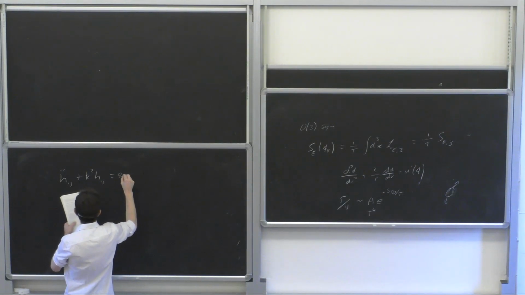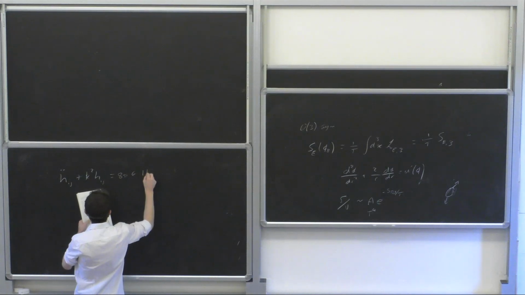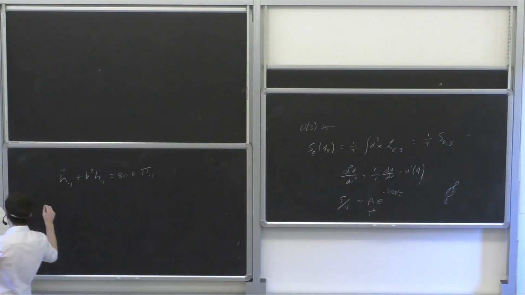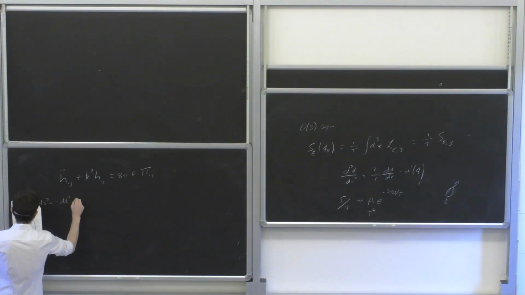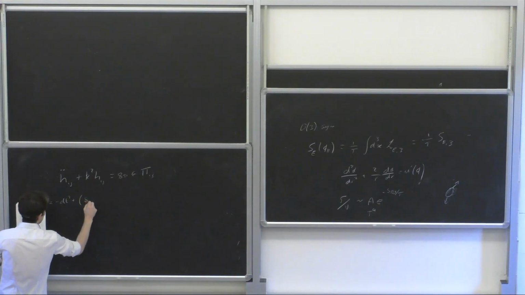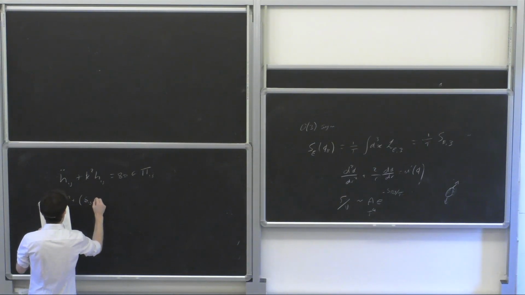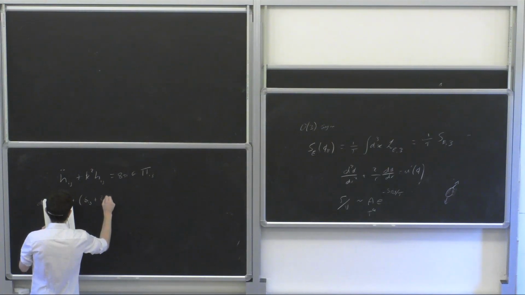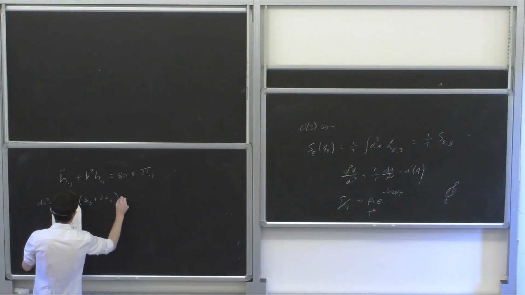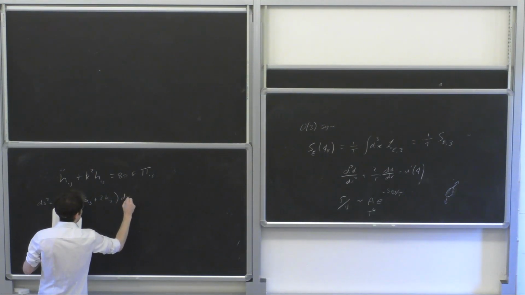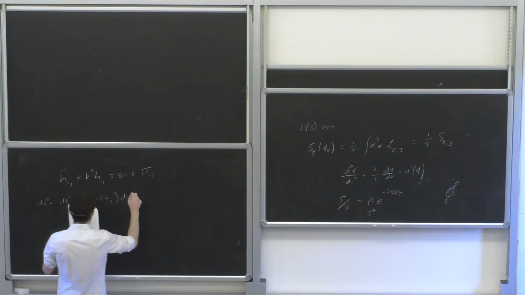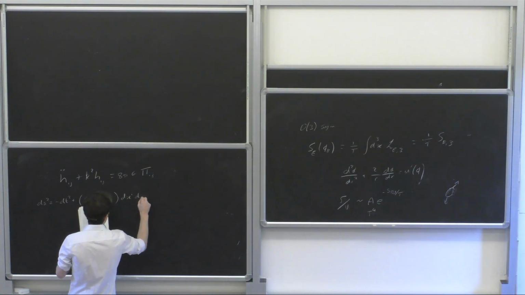Here I'm working in Fourier space, and I've expanded my metric as ds squared equals minus dt squared plus (delta_ij + h_ij) dx^i dx^j.